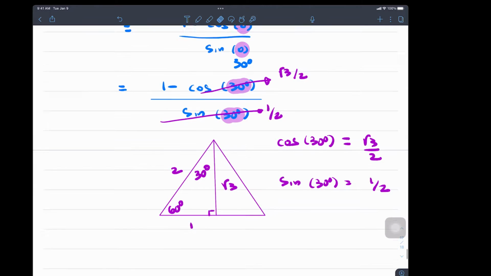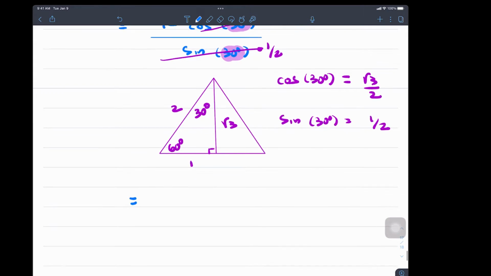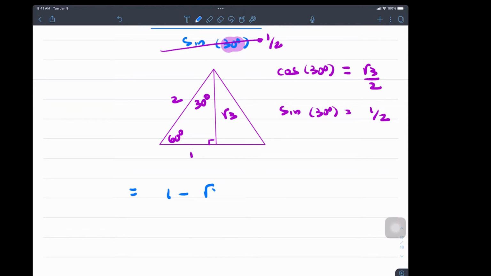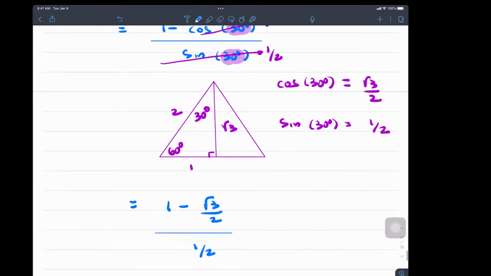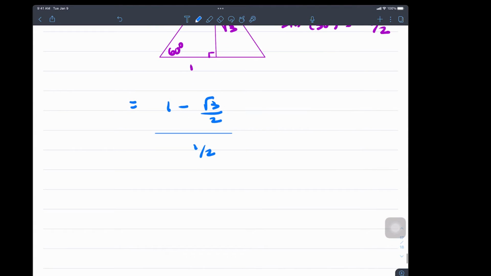So notice your arithmetic now. 2 over 2. Isn't this going to be the following? 2 minus the square root of 3 over 2, over 1/2.